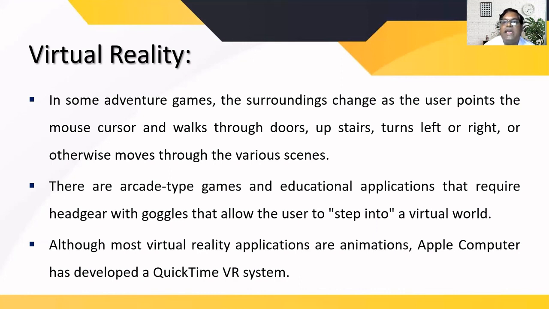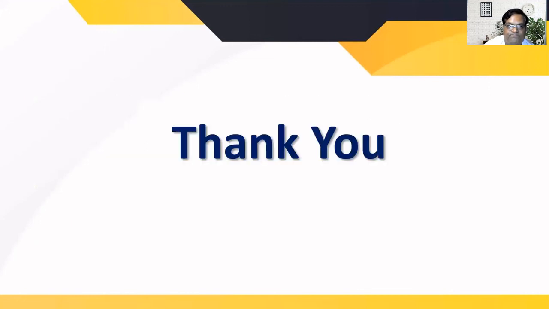You have to use a VR system, a special type of goggles. When you wear it, you feel the virtual reality. Although virtual reality applications are animations, the famous Apple computer company has developed a QuickTime VR system to feel the virtual reality.